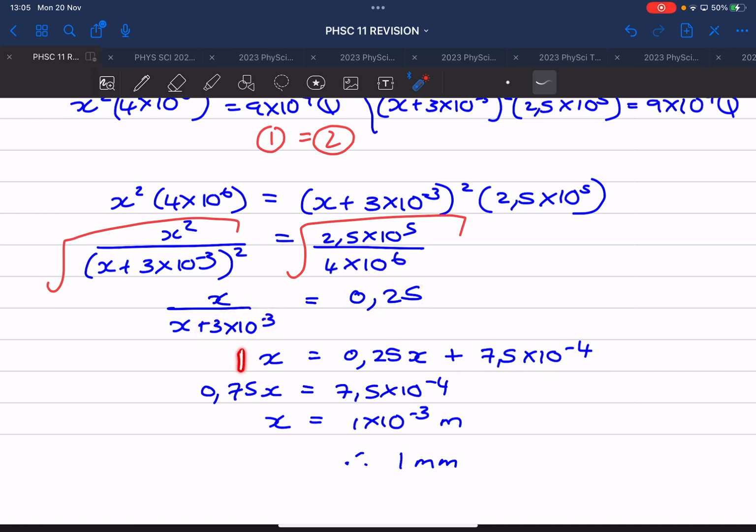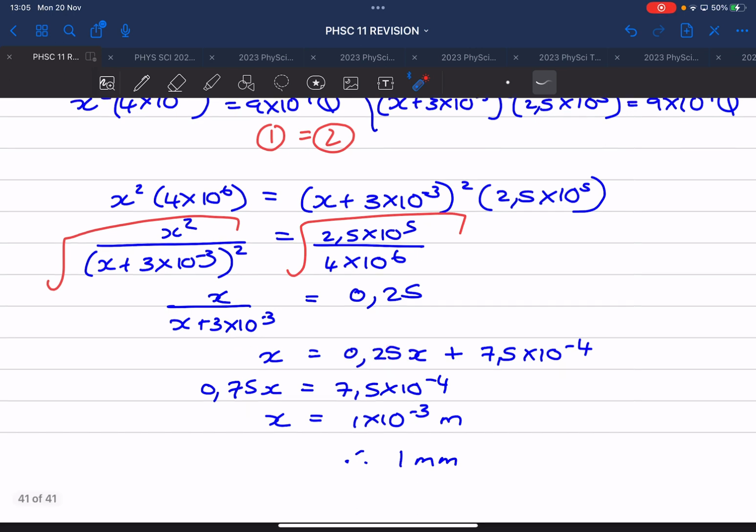Then here I basically have 1x. And here I have 0.25x. Of is ek 1x and hierso het ek 'n kwart x. When I take that to the other side, it becomes 3/4 x. Nee? Of 0.75x. Got that, and then I just divided by that, and I got 1 millimeter.